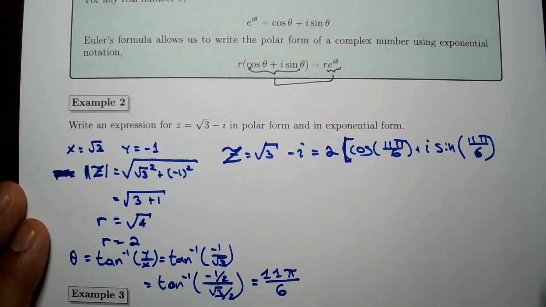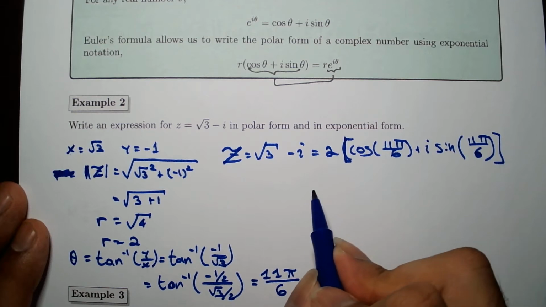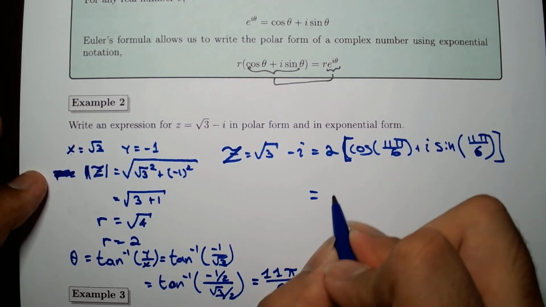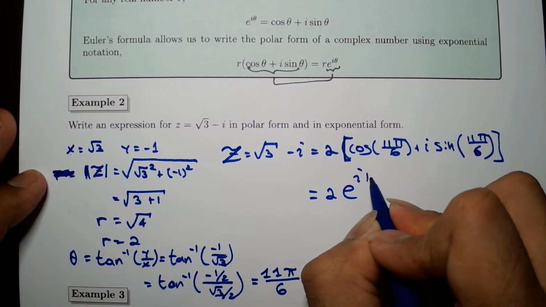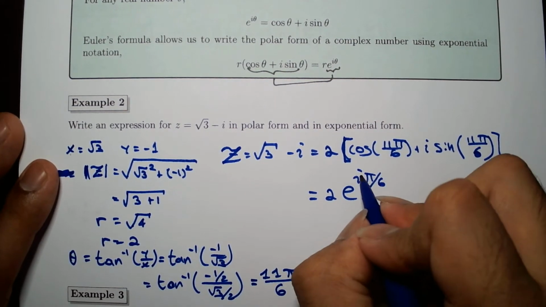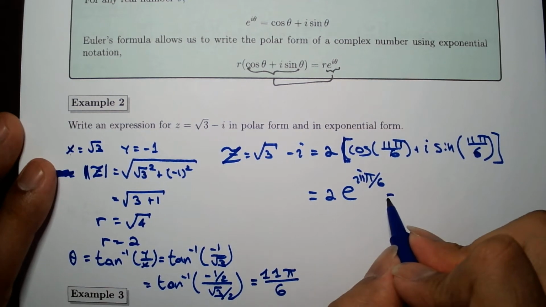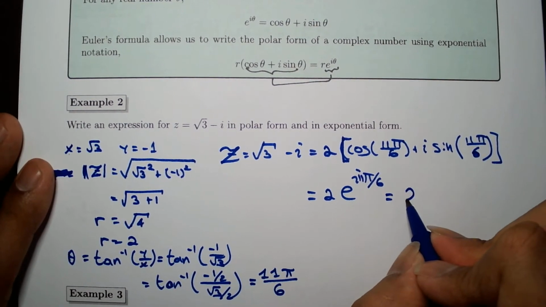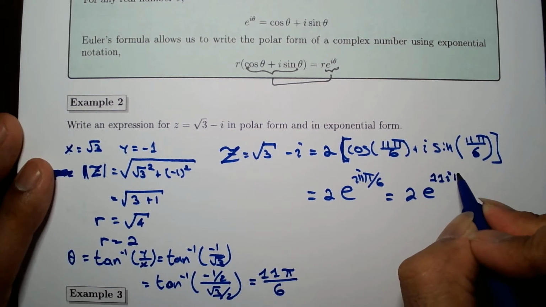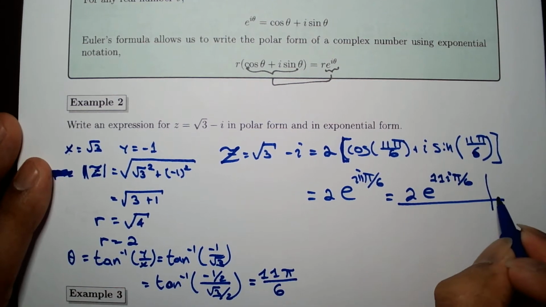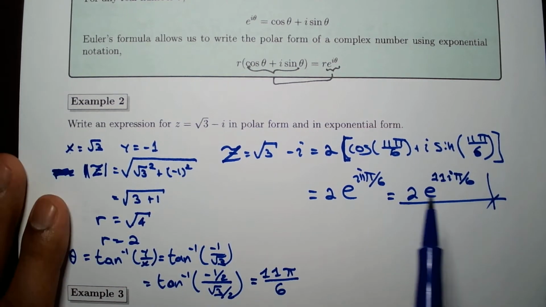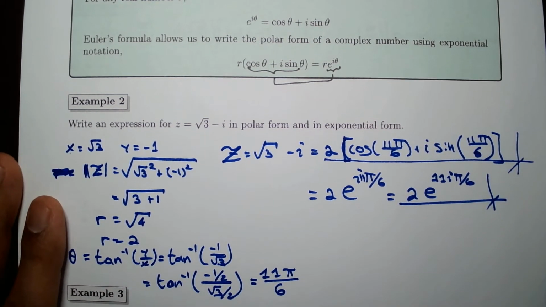Just put that in the formula and then change that to exponential form. That's only r, which is 2 e to the I pi over 6. All right. Oh, actually 11 pi over 6. So I like writing the number first as a coefficient, 2 e to the 11 I pi over 6. Final answer. And so this is exponential and this is polar. We need to express both as final answers.